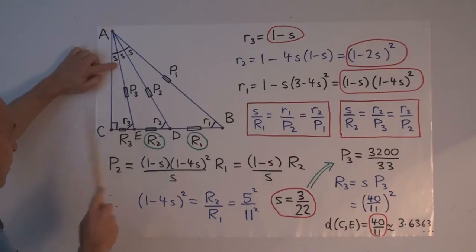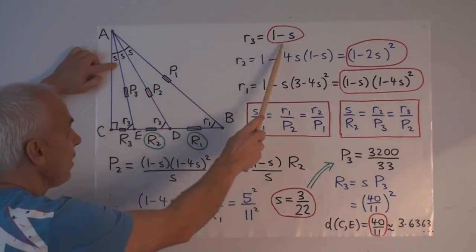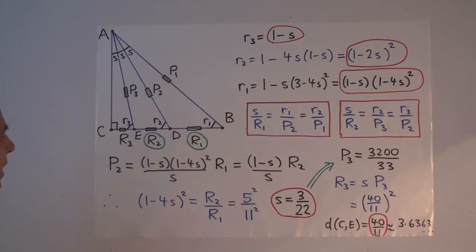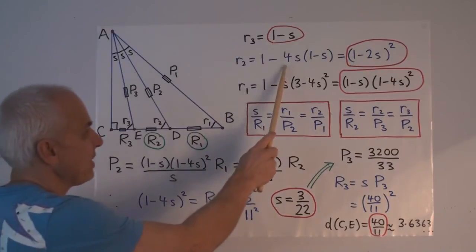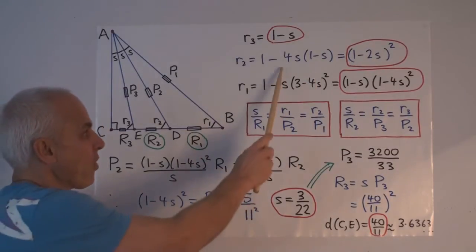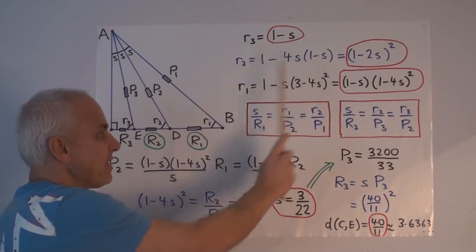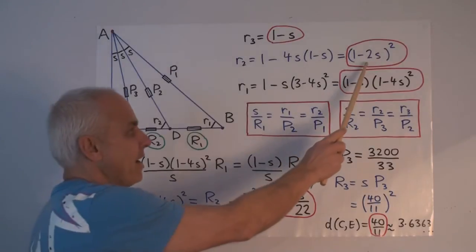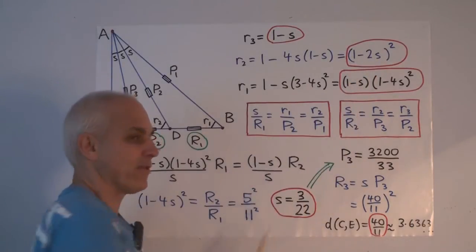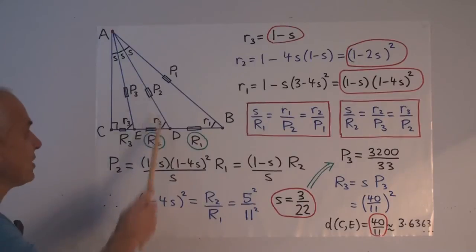So this S plus this R3 add up to 1, so R3 is 1 minus S. Now the same logic applied to this slightly bigger triangle, ADC, means that this spread R2 is going to be 1 minus this spread, the spread formed by 2 of these spreads S. Well, that spread is the second spread polynomial, 4S times 1 minus S. So there's what R2 is. And if you expand this out, you'll see that's actually a square. It's a square of 1 minus 2S. So that's what R2 is in terms of S.